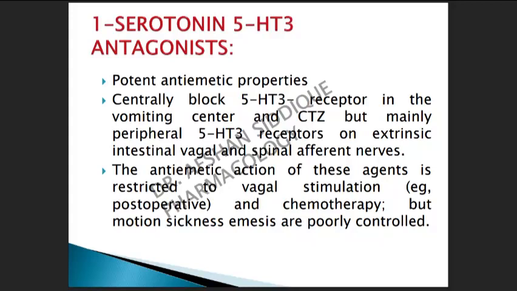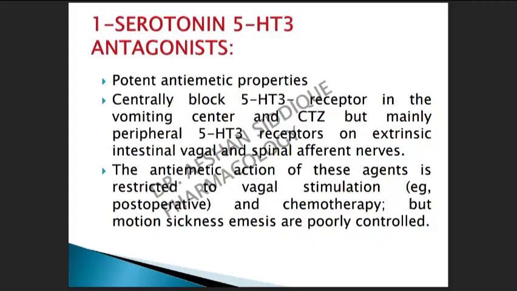Is that clear? That's why it is considered a potent anti-emetic. And we have more concern about emesis induced by chemotherapeutic agents. That can also be controlled by continuous or chronic use of serotonin 5-HT3 receptor antagonists.